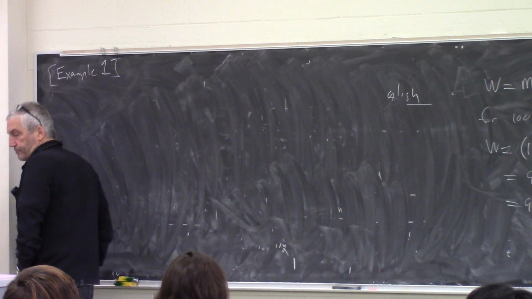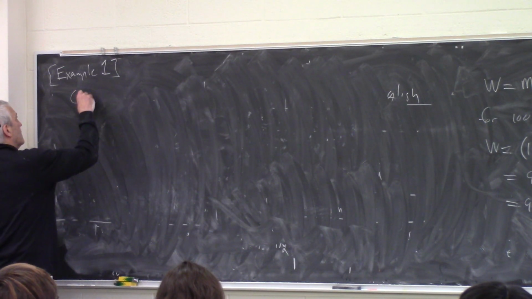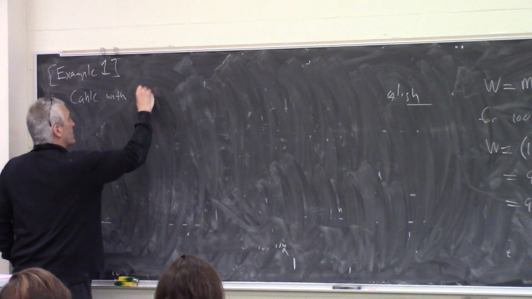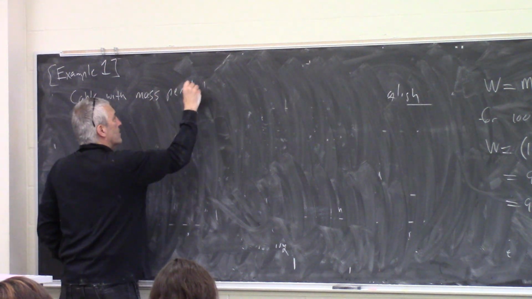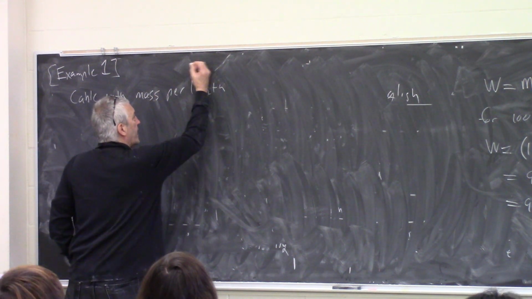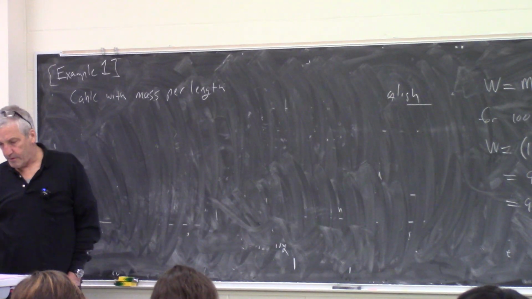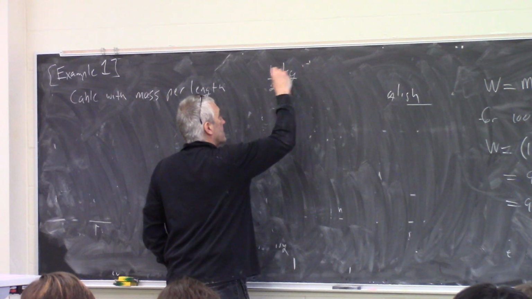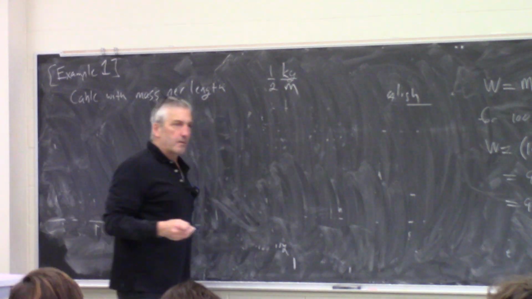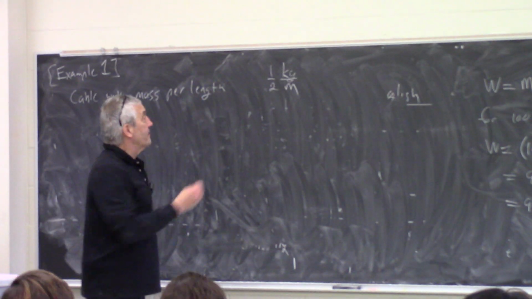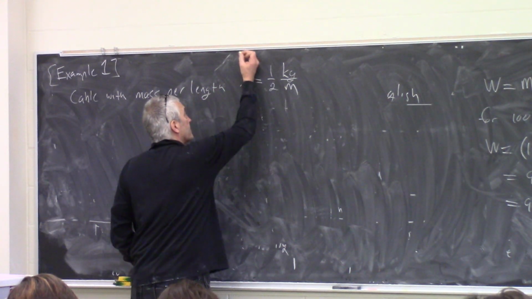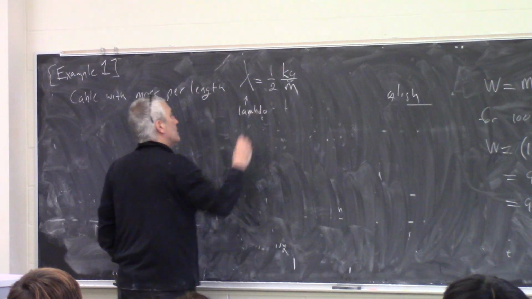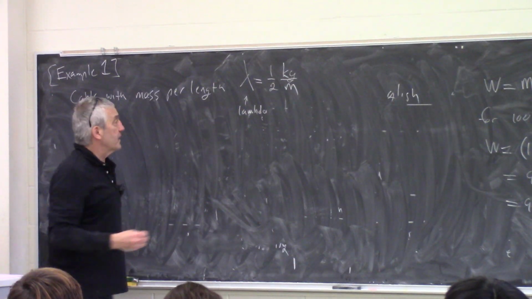A heavy cable has mass per length of 1/2 kilogram per meter. Now, mass per length is often given a letter, lambda. This is the Greek letter lambda. It dangles off of a tall building.